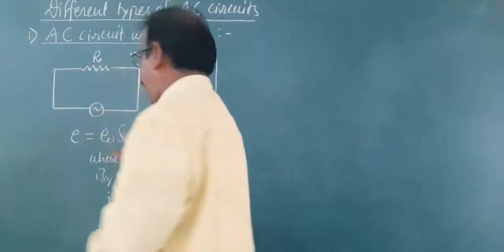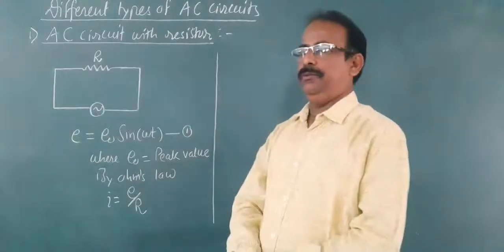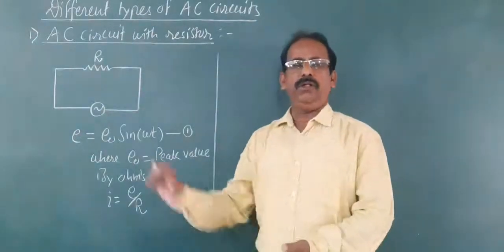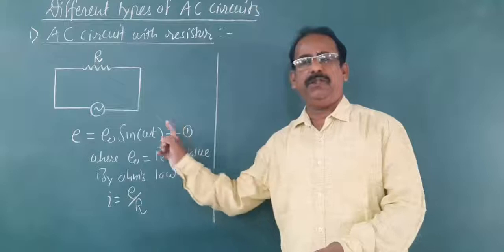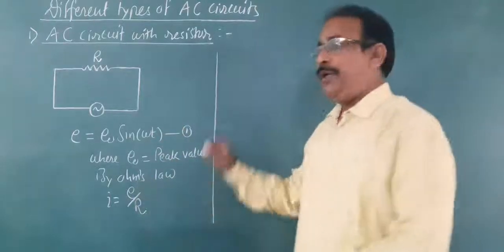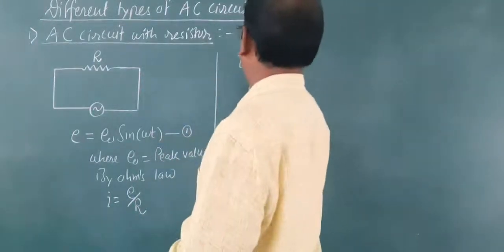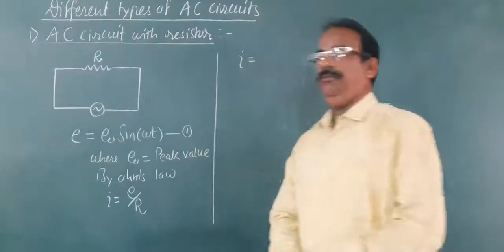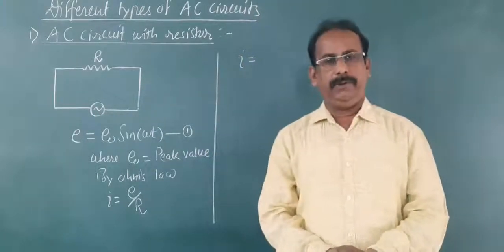If we use the value of EMF at time t, this is instantaneous EMF, we get instantaneous current, means current at time t.